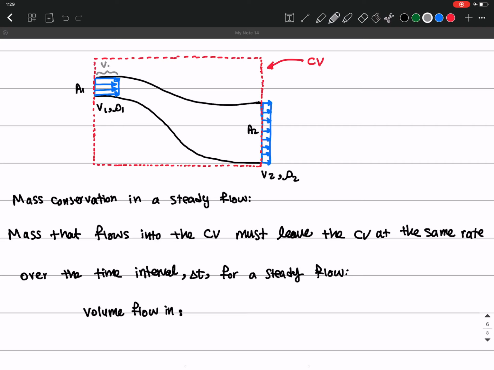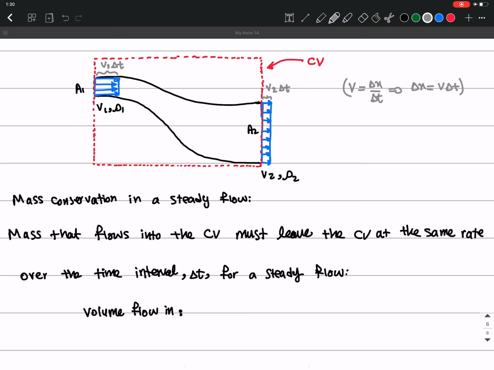So the distance in this direction is going to be V1 delta t, right? And this is how much goes out, so we can say it is V2 times delta t, right? So V is delta x over delta t, so delta x is going to be V times delta t, right? This is just a side note.